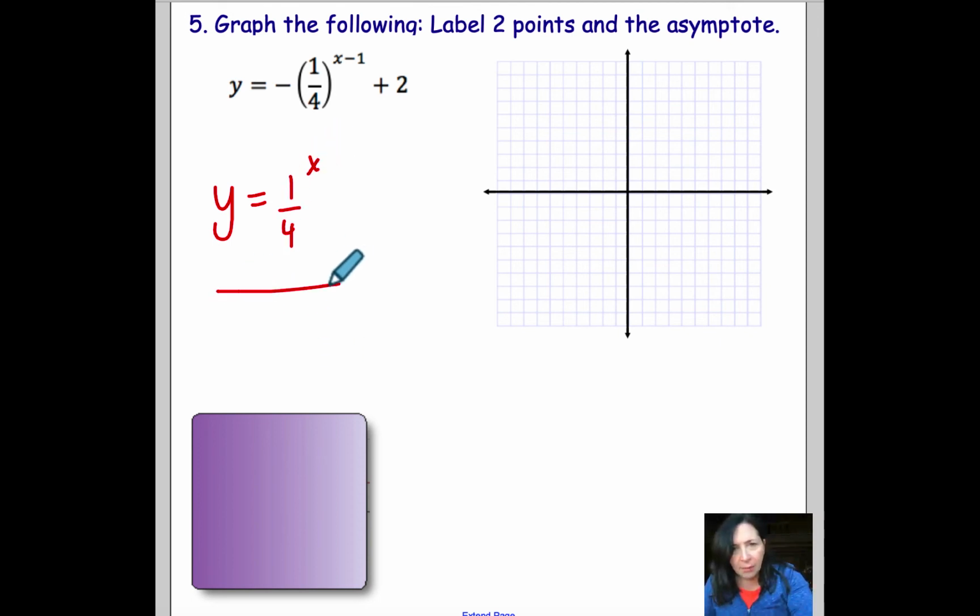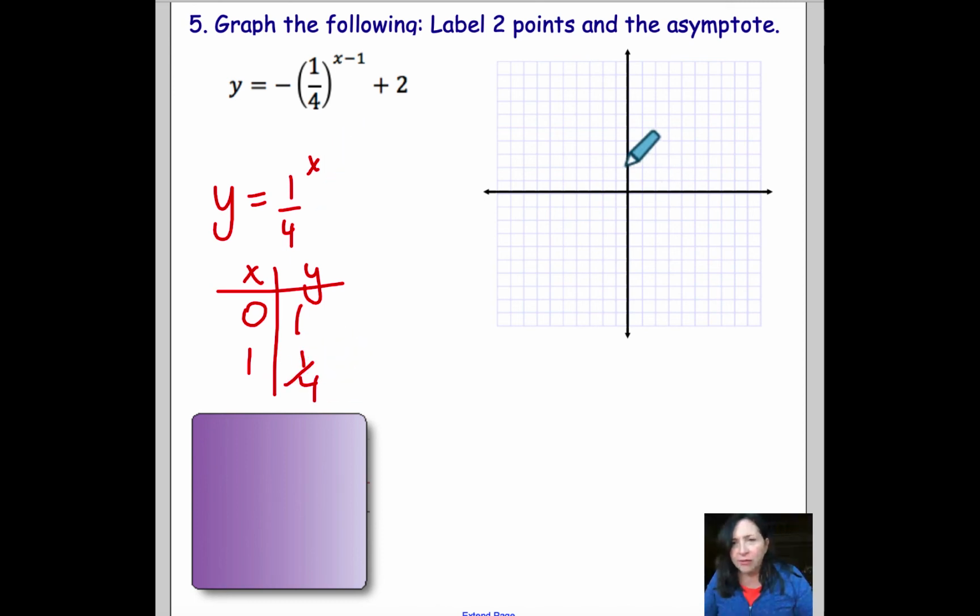Again, I'm going to plot 0 and 1 for x. And notice I didn't take the inverse, because I'm going to try to do this without finding the inverse, okay? So we're going to say x, y. I'm going to plug in 0 and 1, and plug in more values if you want. Anything to the 0 power is 1, and 1/4 to the 1 power is 1/4.